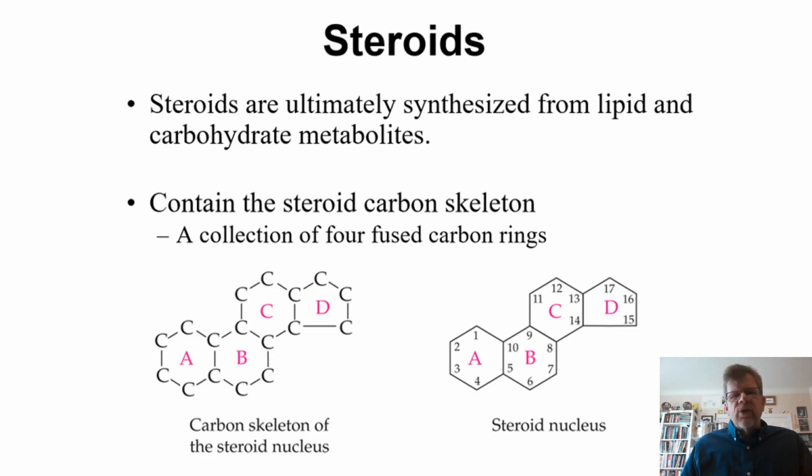Another type of general structure that is based loosely on lipids are the steroids. Remember in the beginning of this unit of study I said steroids were one of the three types of structures we were going to be looking at.